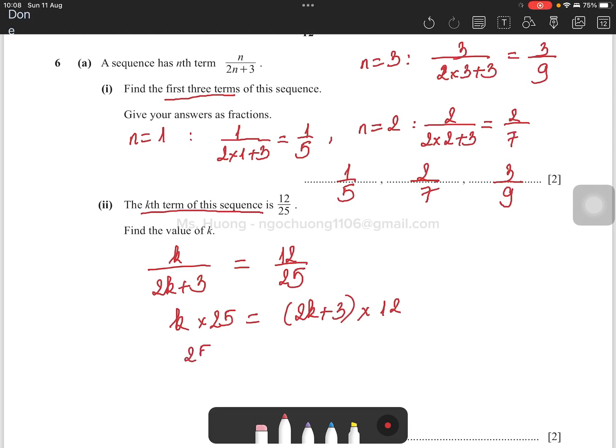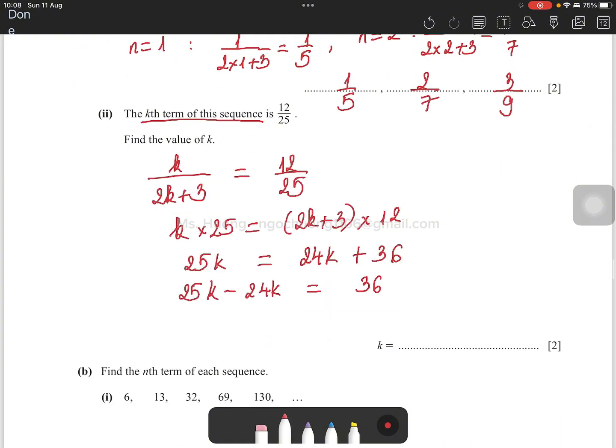So this is 25k equals 2k times 12 means 24k, plus 3 times 12 means 36. Now we subtract 24k from both sides. So the right-hand side is 36 and the left-hand side is only 1k, which means k is equal to 36.